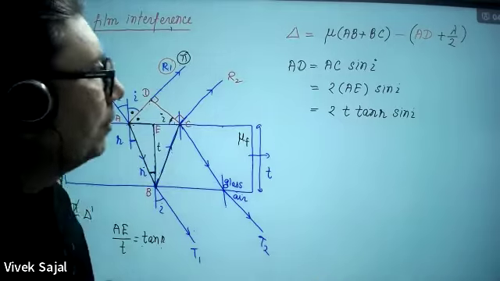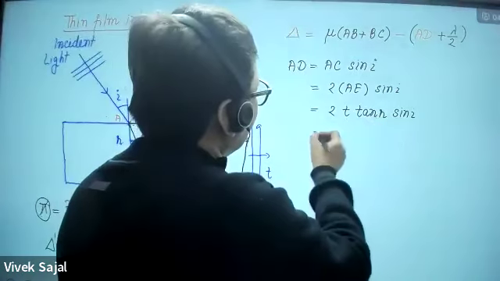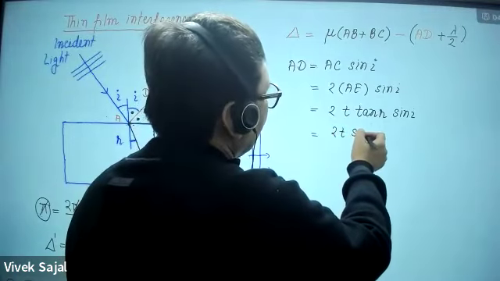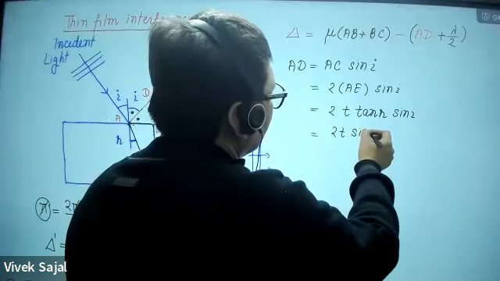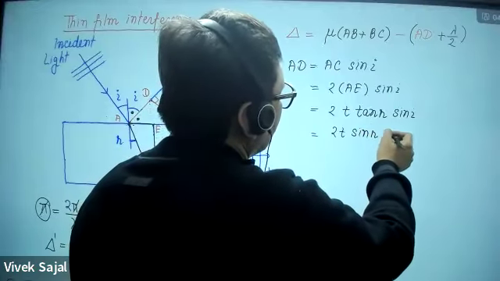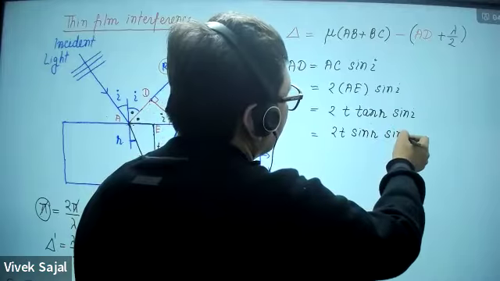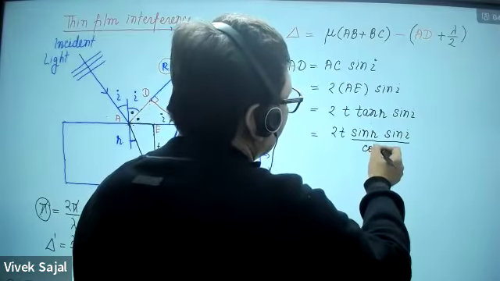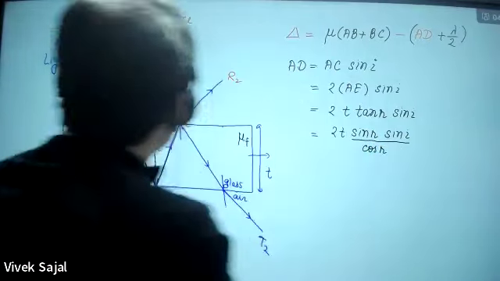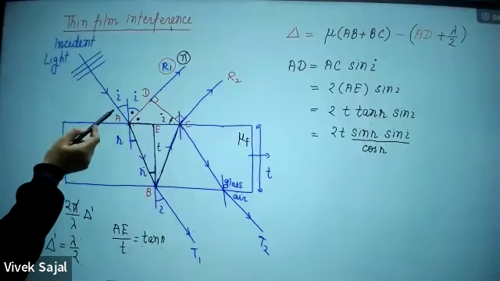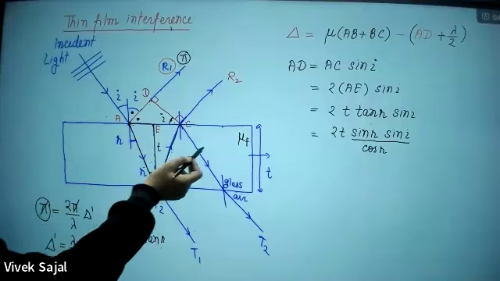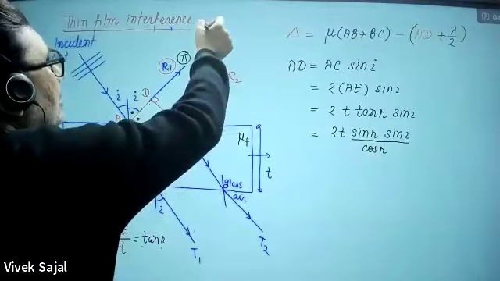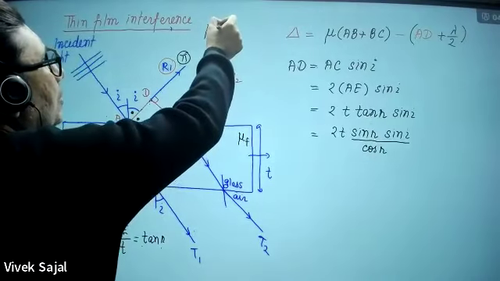Yes, sir. Now I can write it as 2t sin R sin I divided by cos R. Here this is air and light is entering into the glass plate, and the refractive index is mu f. So from Snell's law, what will be mu f?